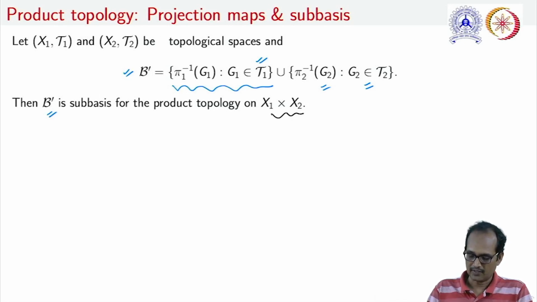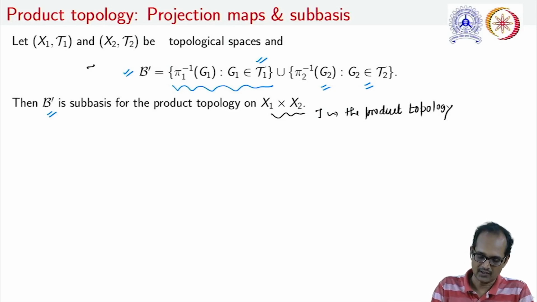Let us denote by tau the product topology on X1 cross X2. Also, let us denote by tau dash the topology generated by this B dash. Our motive is to justify that tau and tau dash are the same.